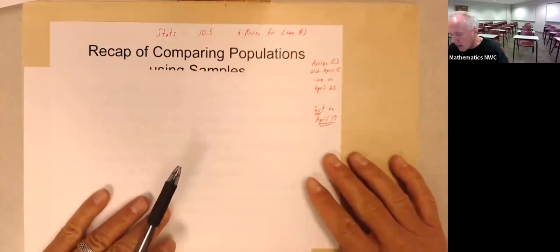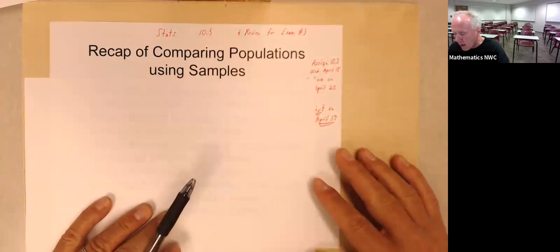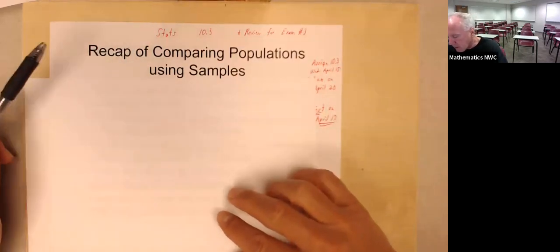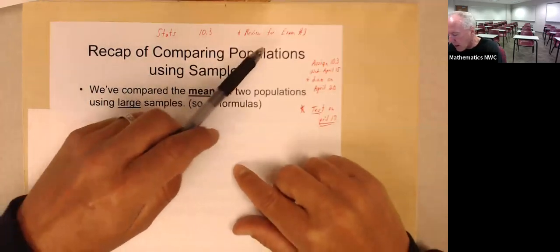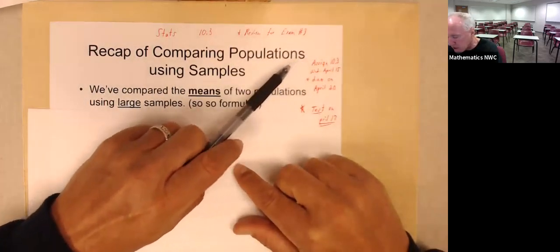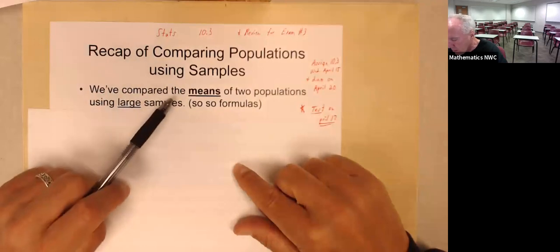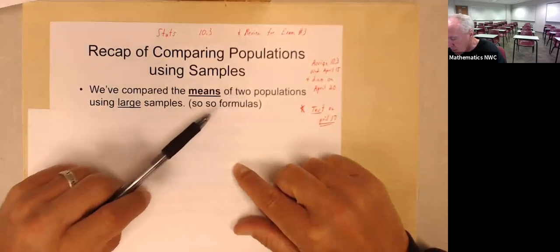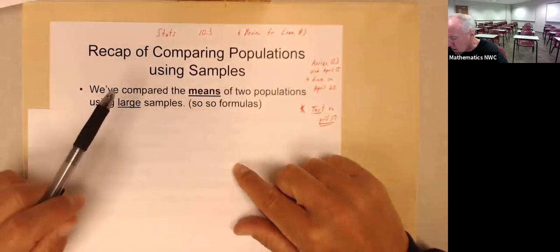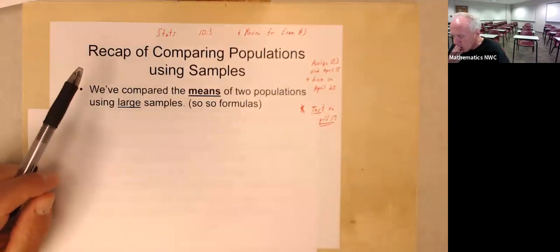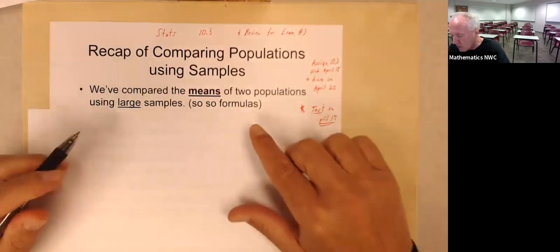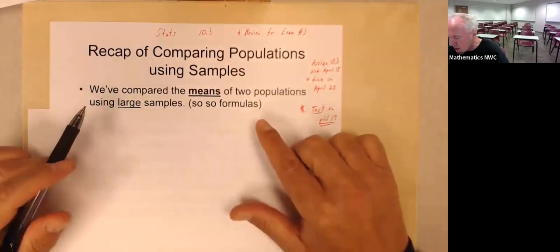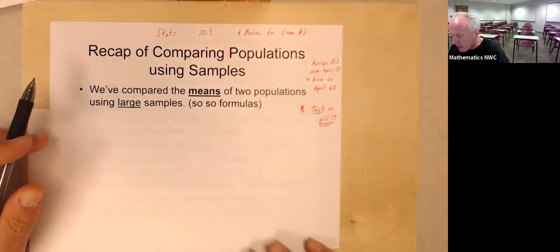We'll be spending some review time for that. Just a little background of where we've been. We've been comparing populations. What I mean by that, that's plural, populations, 2 of them. We've compared population means from 2 populations using large samples. Those formulas were so-so. They involved usually 2 standard deviations, 2 sample sizes, and a difference.